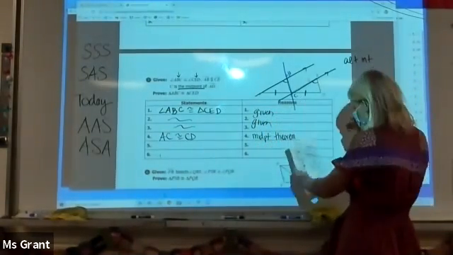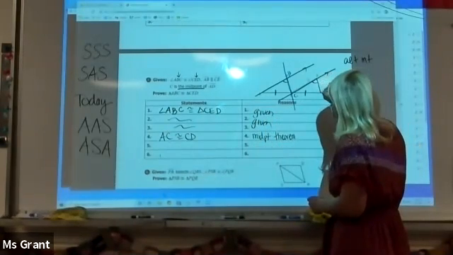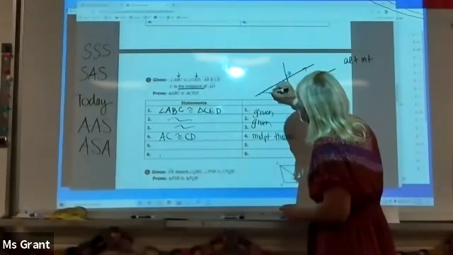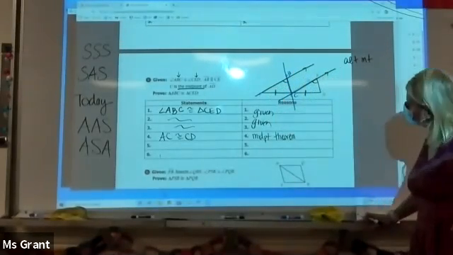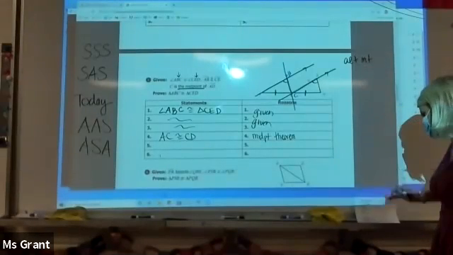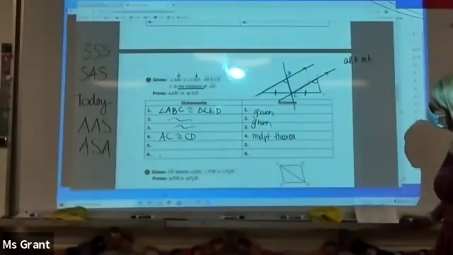All right, you guys, I need to make sure that we're still focused on what's happening here. What angles? It might be alternate interior, it might be something else. Corresponding. Where are corresponding angles?